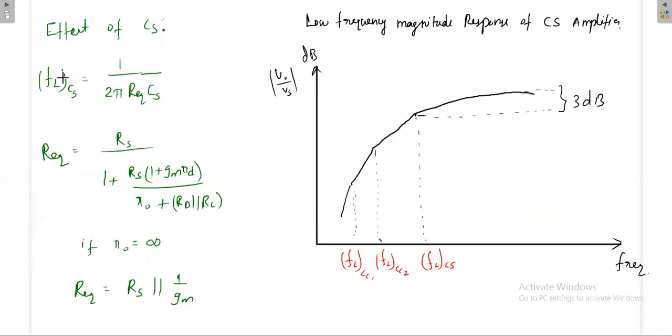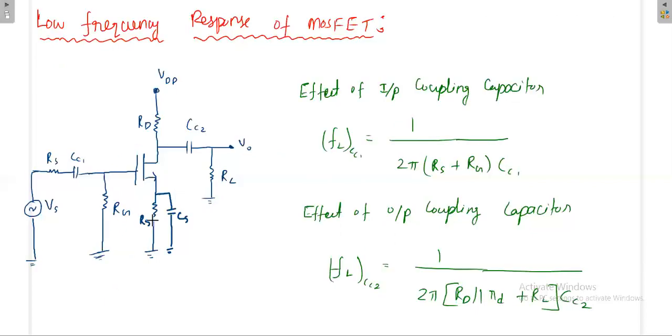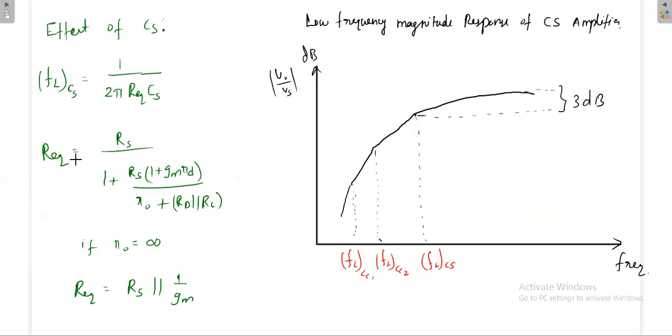So fL due to CS is equal to 1 by 2 pi R equivalent CS, because once you remove this CS, we look at the resistance seen from this terminal, and that we call R equivalent. This R equivalent we have already derived for BJT, so in the same manner we write here also. It depends on RS divided by 1 plus gm RD divided by r0 plus RD parallel RL.